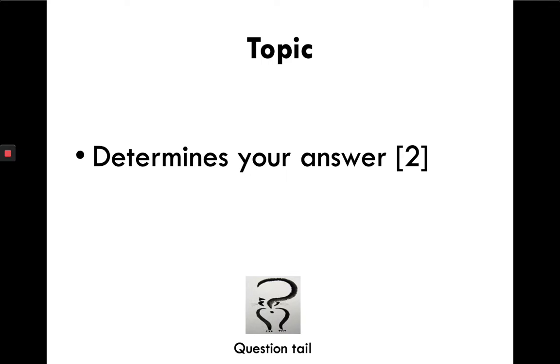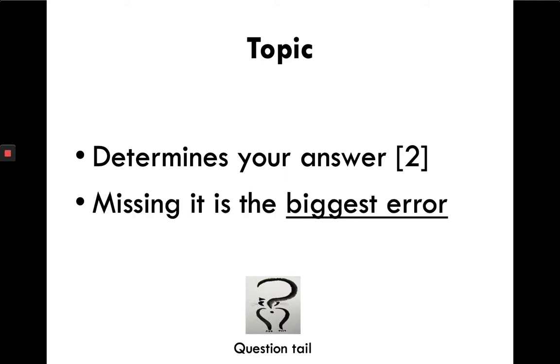You have to think about the source in terms of it supporting or opposing, and it could be the USA, that could be the tail, it could be the USSR, it could be NATO, it could be Khrushchev. So very, very important. And again, the students who miss it or don't spot it, that's the biggest error, because they will then be writing about something that has nothing to do with what the question is asking.